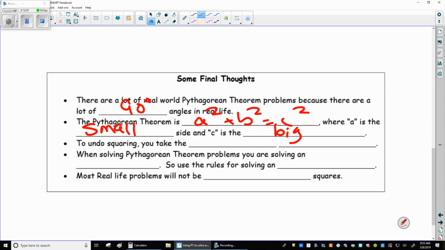To undo squaring, you take the square root. When solving Pythagorean theorem problems, you're solving an equation. So use the rules for solving an equation, like you need to get rid of the thing that you're not attached to first. Most real life problems will not be perfect squares.